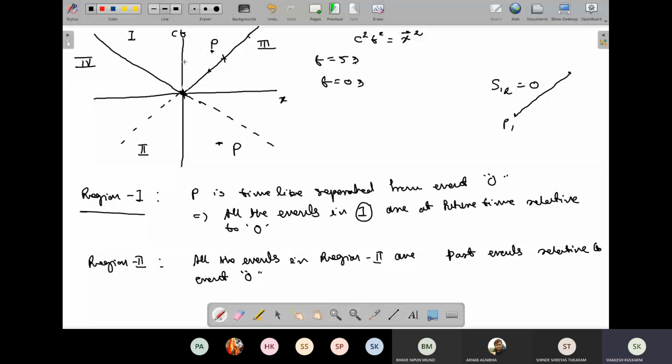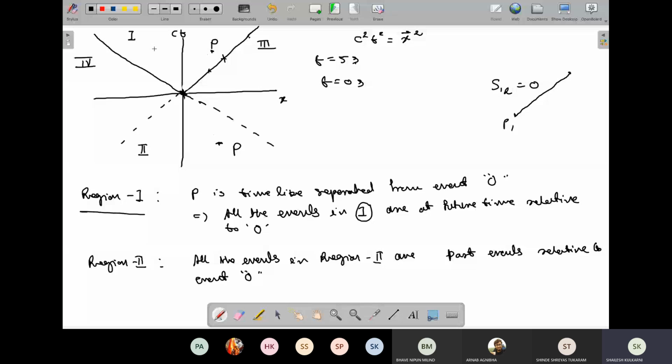If two events are such that T1 is greater than T naught, here T naught is 0, then this T1 will always remain greater than T naught. So instead of 0, if I write T naught here, then the T of any event here is always greater than T naught.